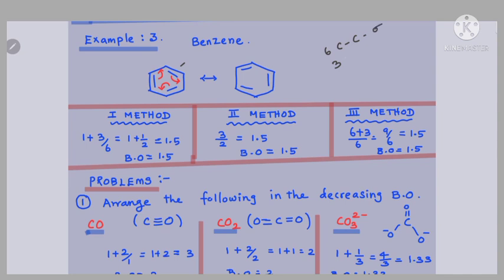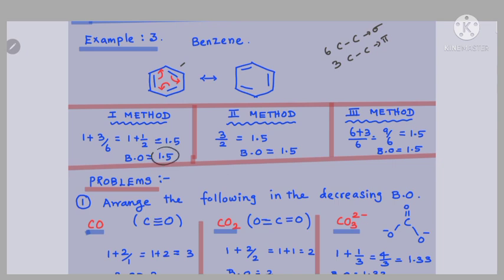Just remember these numbers of bonds. These two are resonance structures of benzene. When we apply the first formula, 1 plus the number of pi bonds, which is 3, divided by the sigma bonds between carbon and carbon, 6, about 3 by 6, so you are getting 1.5.